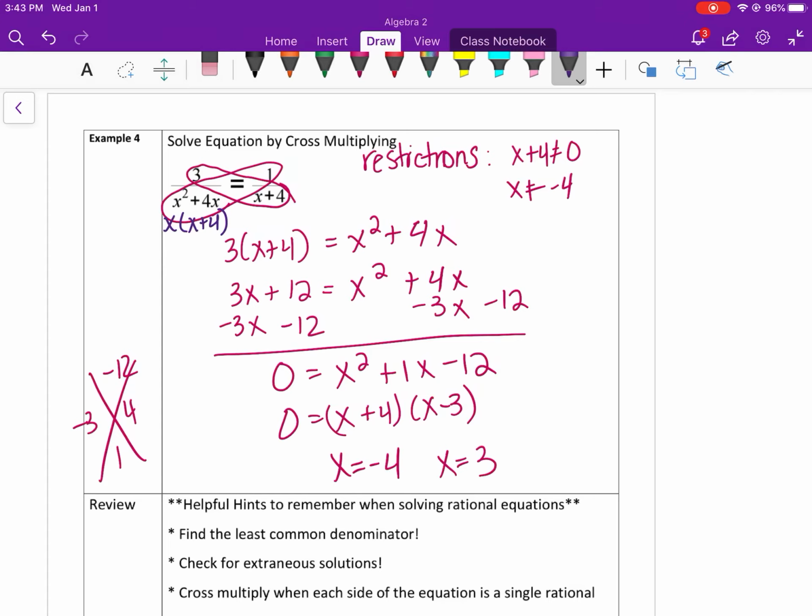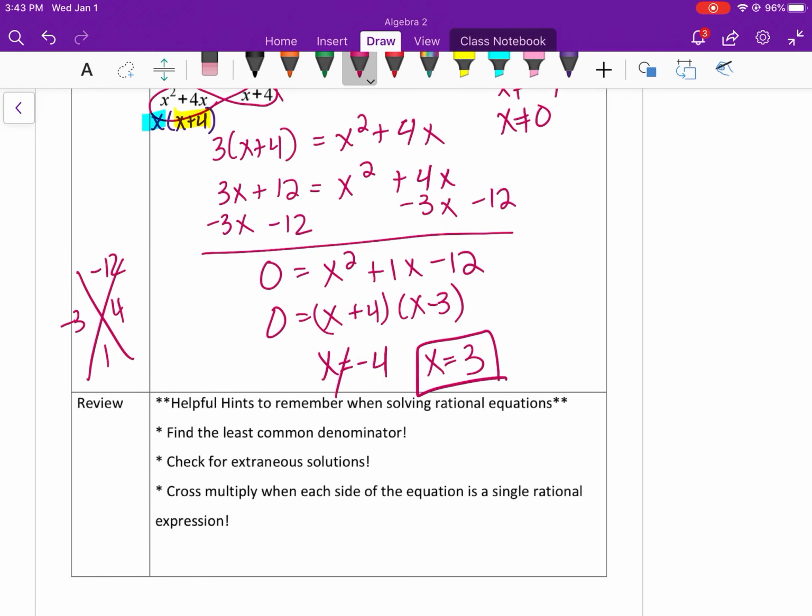So I also have an x plus 4 again, so can't have negative 4 for this one. And then for the single x, it means that x cannot be equal to 0 either. Because if I plugged in 0 in that first fraction, I'd get 3 divided by 0, which is undefined. So I can't have 0 and I can't have negative 4. So this one is not a solution, which means I only have one solution here, which is x equals 3.